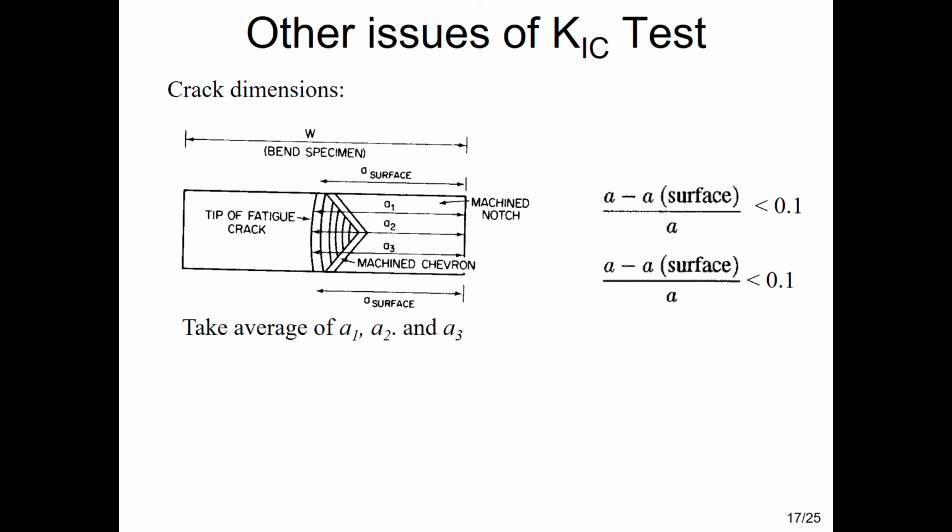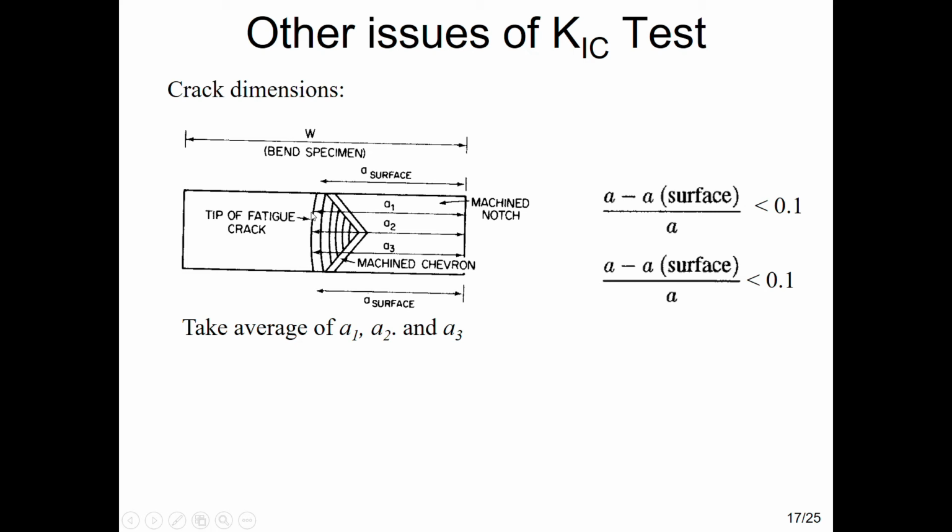Okay, this is another issue of the K1C test, where if I have a crack dimension, I need to assess the tip of the fatigue crack. This is just an illustration from the bend specimen. If I have this type of fatigue crack, A1 is measured from the edge of the specimen to the tip of the fatigue crack.